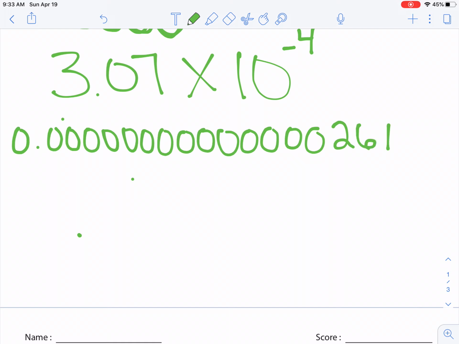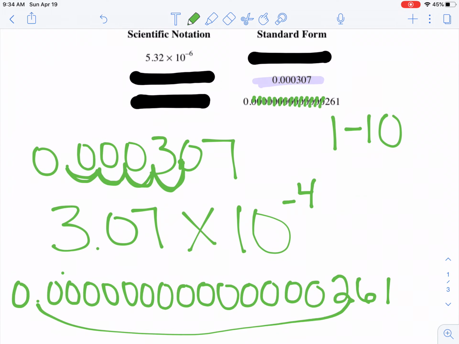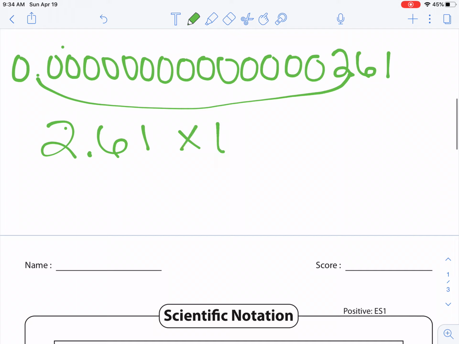All right, so I now want to change this into scientific notation because I don't even know how to read this value. I'd have to look up the place values on the internet to be able to read you this number. Okay, so we're going to be moving this decimal so that it's between the 2 and the 6, because 2.61 is between 1 and 10. So this is times 10.